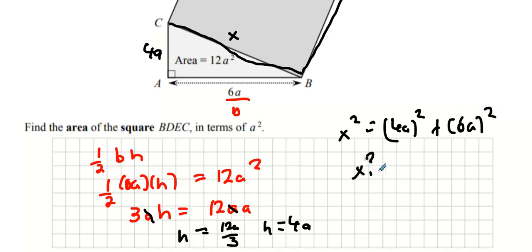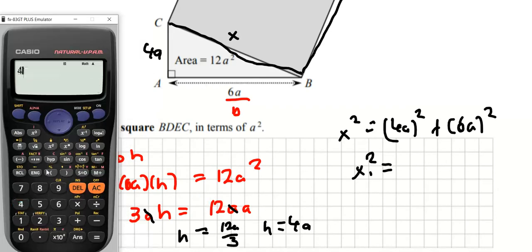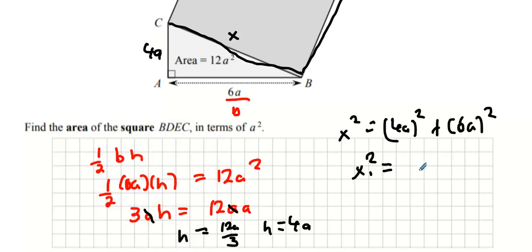So it's going to be 16 plus 36, so 4 squared plus 6 squared, 52. It's going to be 52a squared. And then x equals the square root of 52a squared.